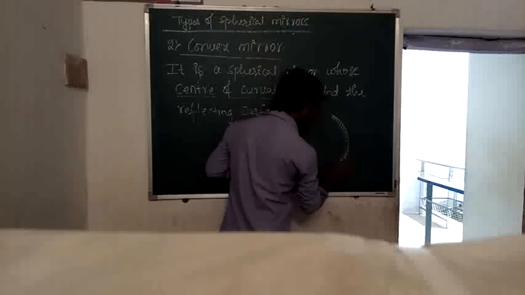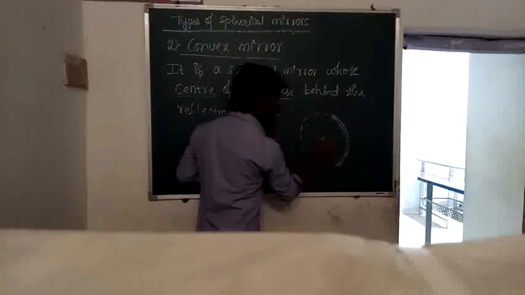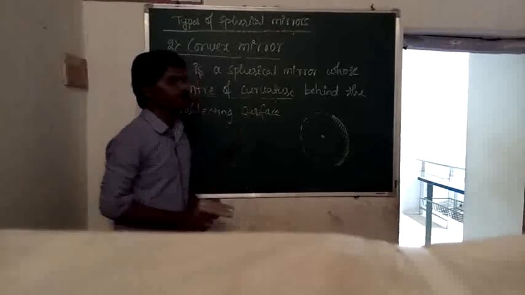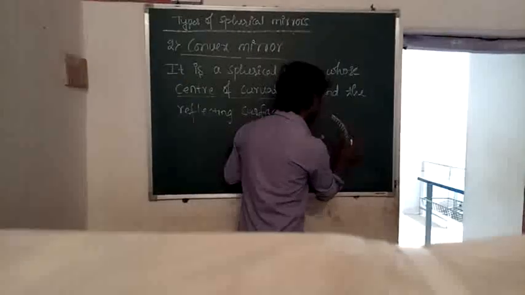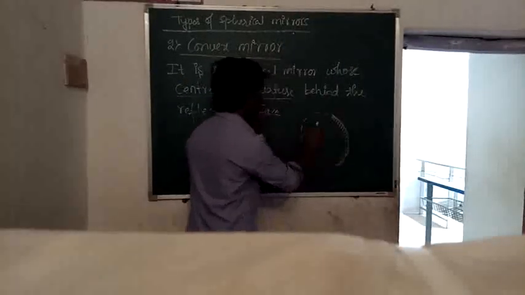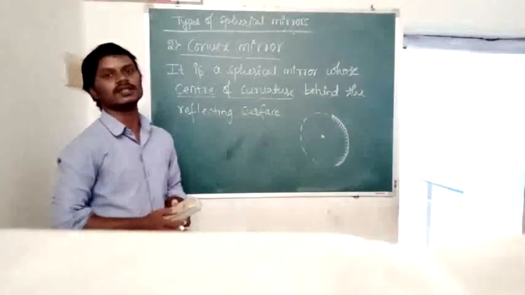This outer surface is the reflecting surface, and I will mark the center of curvature of the sphere, also called the center of the sphere. Here the reflecting surface is in front, and the center of curvature is behind it. This type of mirror is called a convex mirror.